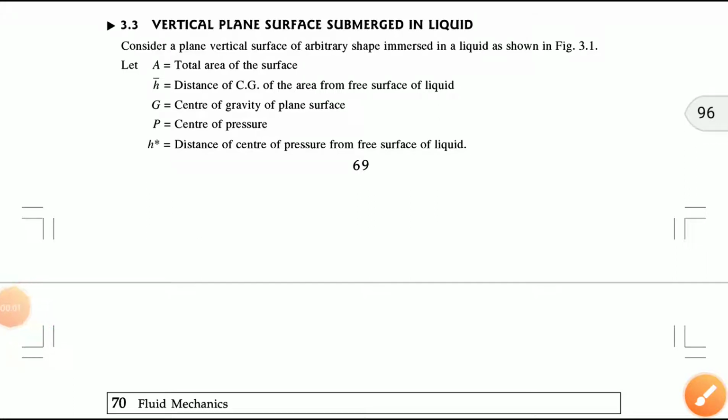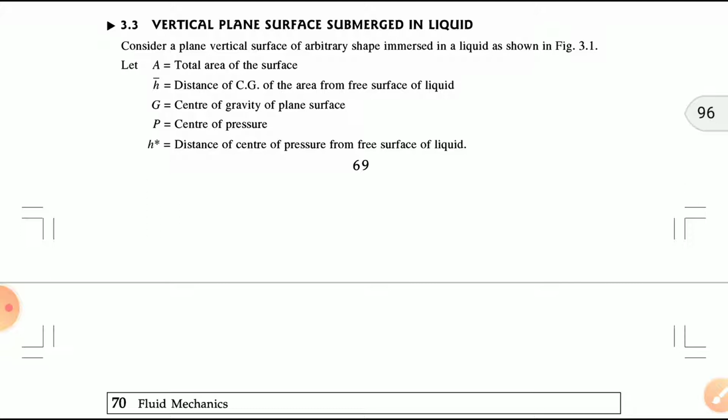Hello students, in this video we will study the total pressure force and center of pressure acting on a vertical plane surface submerged in a liquid. For this we will consider a vertical plane surface of arbitrary, irregular shape, submerged in a liquid.